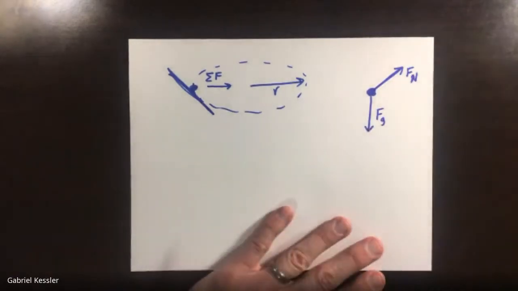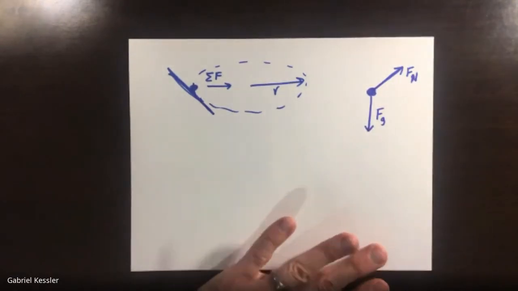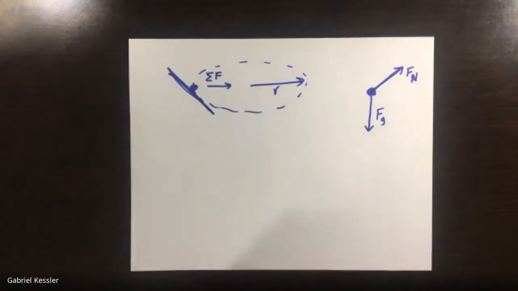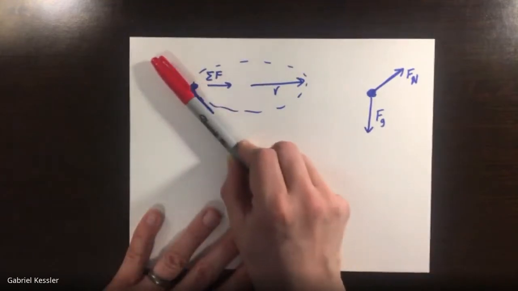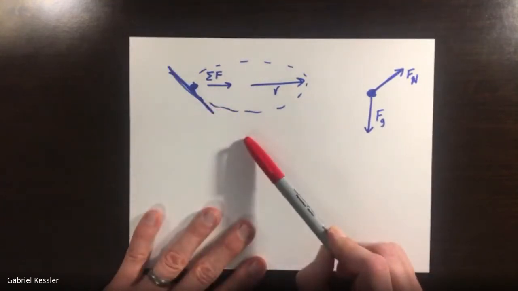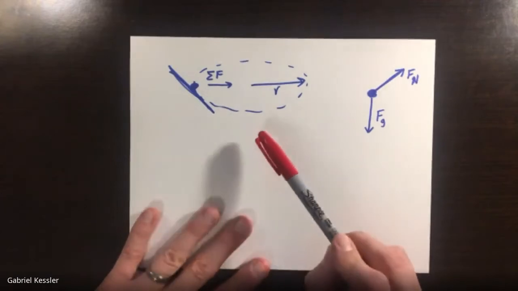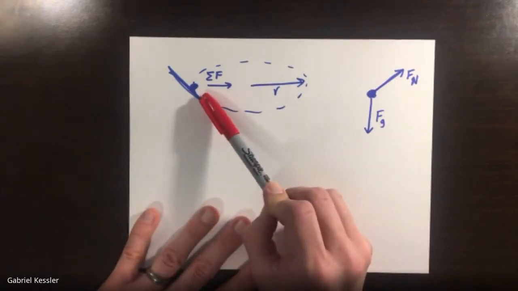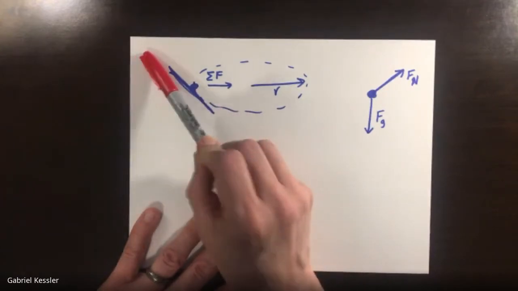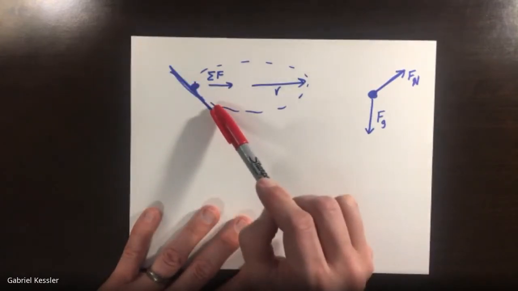All right. If you go too slow, then you're going to have a force of friction that needs to hold you up the ramp, prevent you from sliding down. If you go too fast, that force of friction is actually holding you onto the ramp where you don't slide off the other way. All right, so too slow, you would slide down without friction.